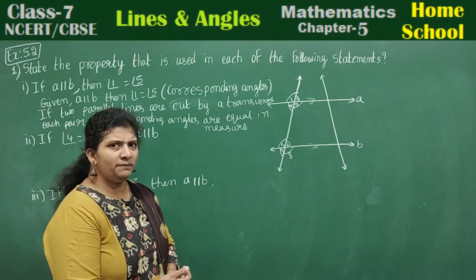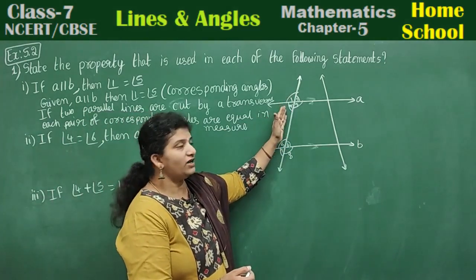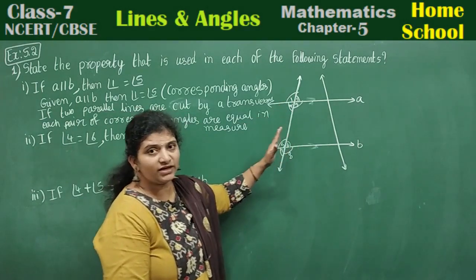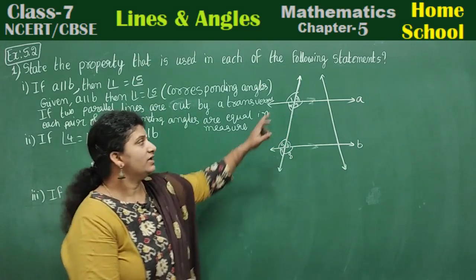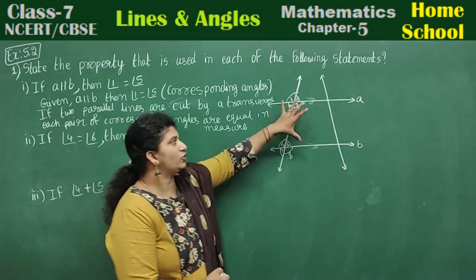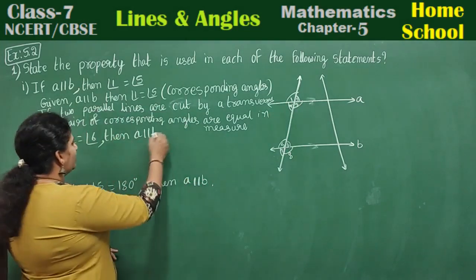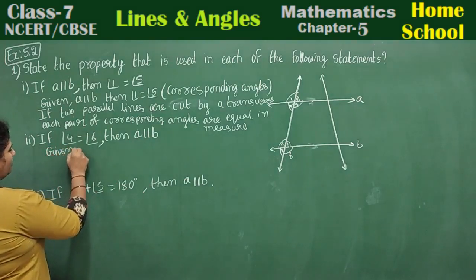By which property? Look here, this is a transversal and angle 4 is this side and another angle is on opposite side of the transversal, angle 6. That means alternate interior angles are equal, then the two lines will be parallel. So what is the property here? Given, rewrite the statement.